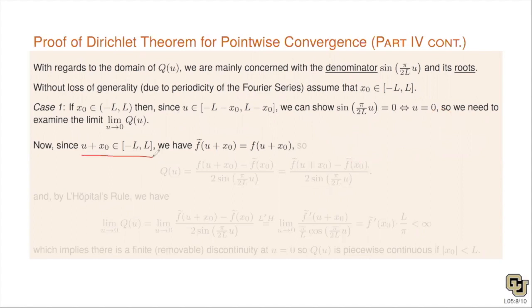So if u plus x naught is between negative L and L, stay with me. You're doing so great. We've just got like, I think one more slide. You're doing so awesome. Here, we're inside the interval. Inside the interval, the function and the periodic extension are the same.